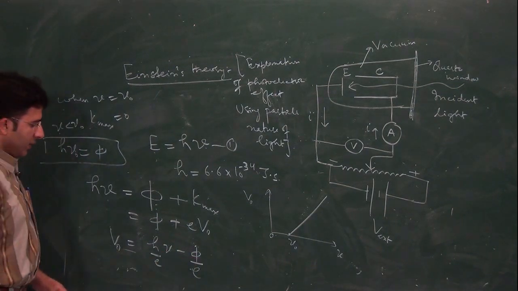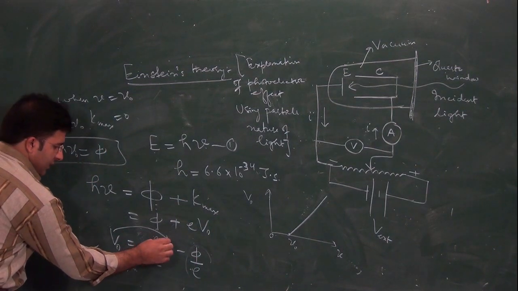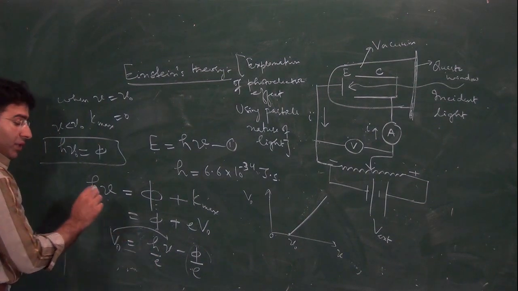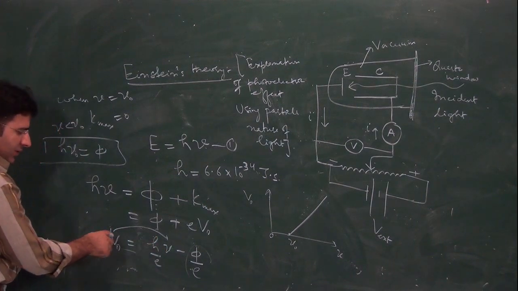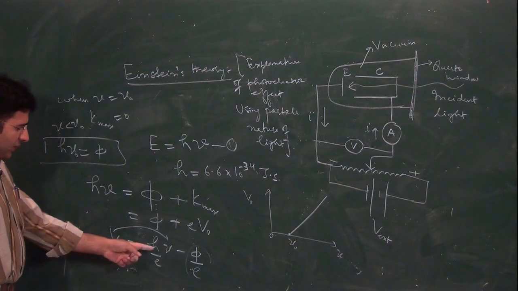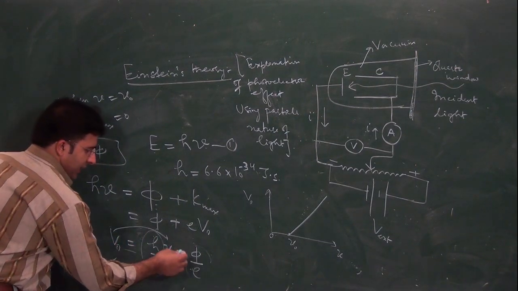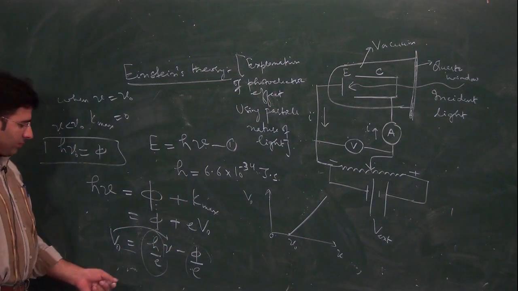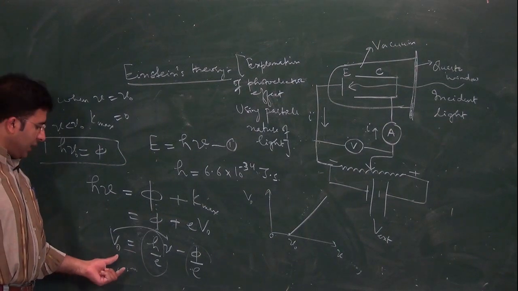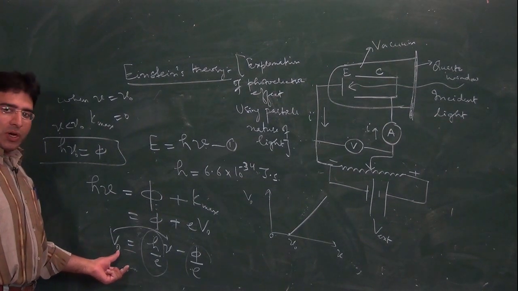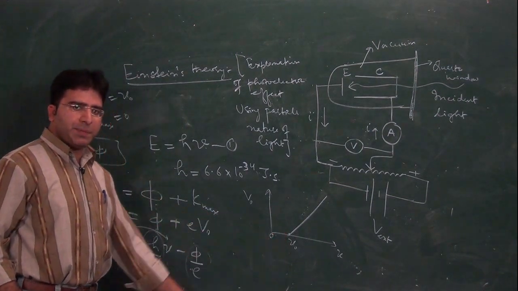This is constant, and you can see V naught versus nu, stopping potential versus frequency. This is the equation of a straight line with slope h by e and negative intercept minus phi by e. So he said my equation is predicting the linear relationship between stopping potential and the frequency, as is obtained from experiment.